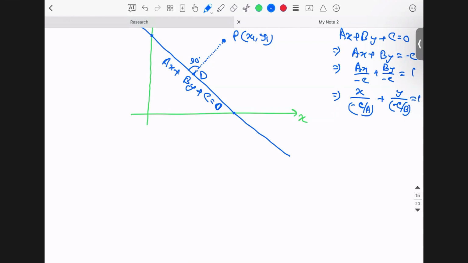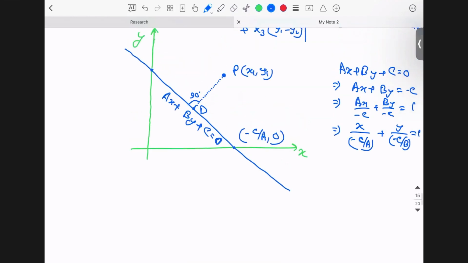So the x-intercept position is minus c by a, 0, and the y-intercept position will be 0, minus c by b.